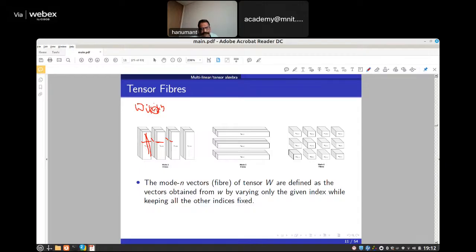Sorry, in the fibers case, I will vary only one index and fix the other two. I will fix I1 and I2, and I3 will vary.